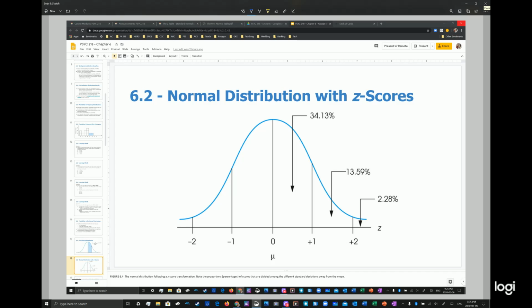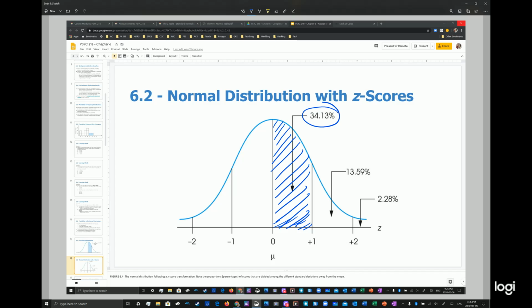Using a distribution of z-scores and the unit normal table, which is a group of mathematicians who have calculated the area under the curve in a standard normal distribution, it will tell you that between the mean and one standard deviation above the mean, there is 34.13% of the population that has these scores.